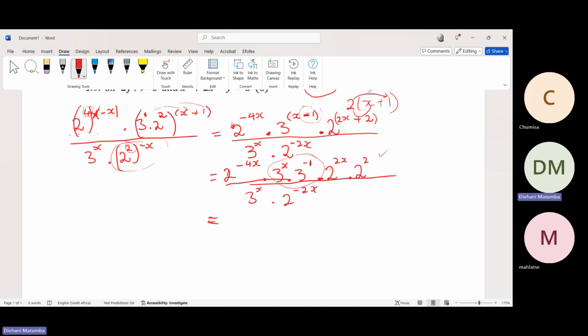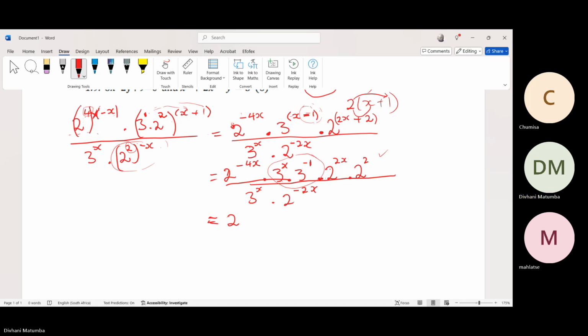Mahlatsi, what will be the next step now? We're going to group the like terms. Yes, you can say like terms. You are right. But the good terminology that I wanted was we are going to add the exponents of all the numbers that have the same base.